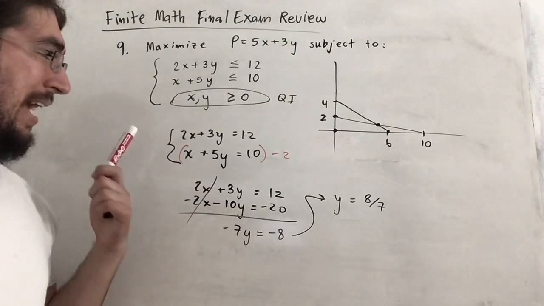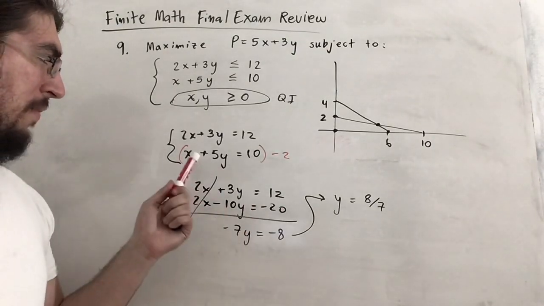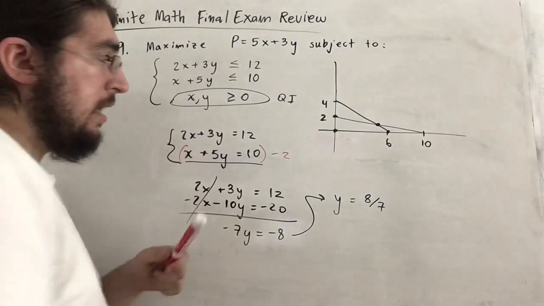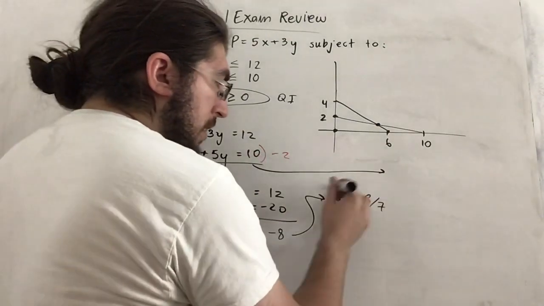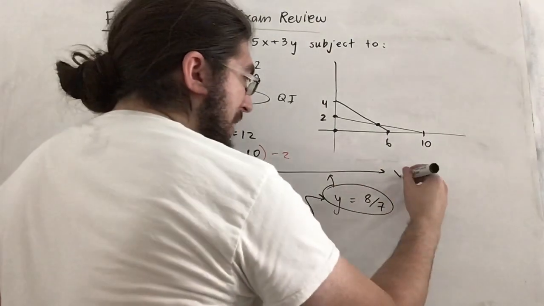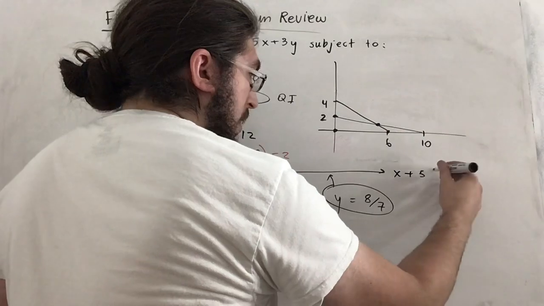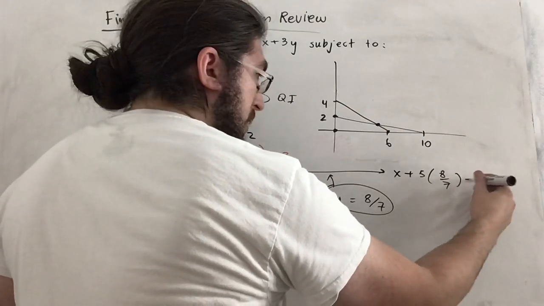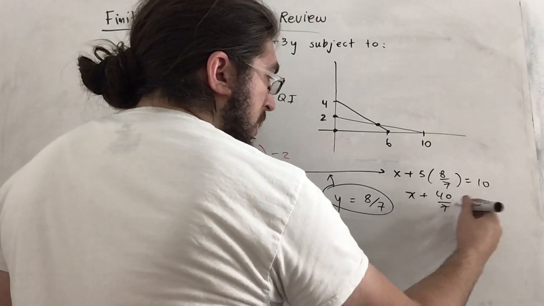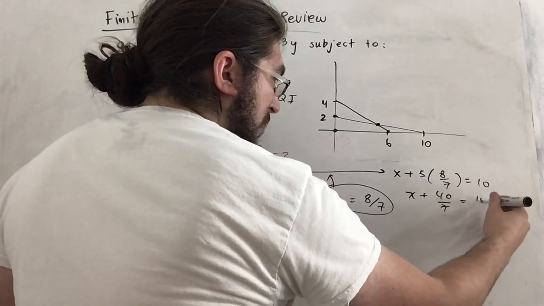Let's see if we can find x given this. I'm going to use the original bottom equation because x doesn't have anything in front of it, so that'll be a little nicer when plugging this in. Plugging 8 over 7 in for y, we get x plus 5 times 8 over 7 is equal to 10. So that's x plus 40 over 7 is equal to 10. I know 10 is 10 over 1.